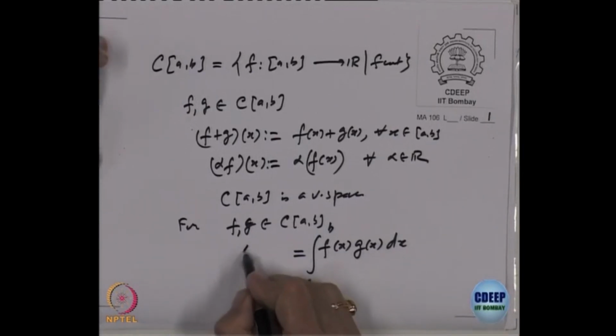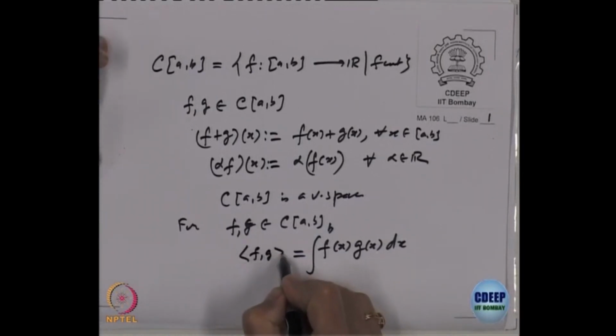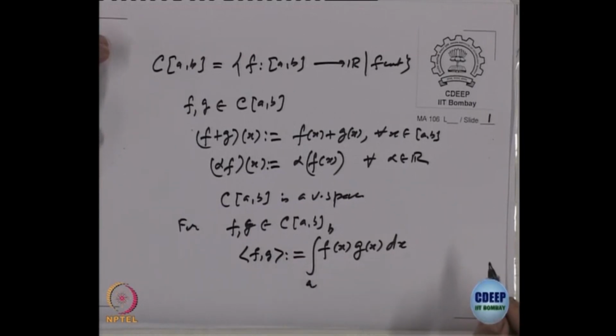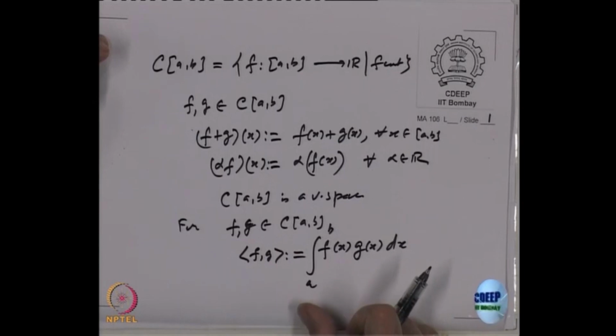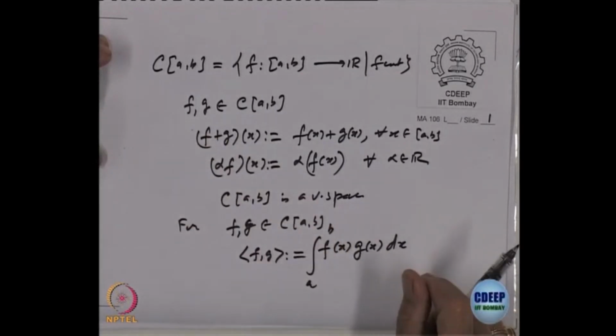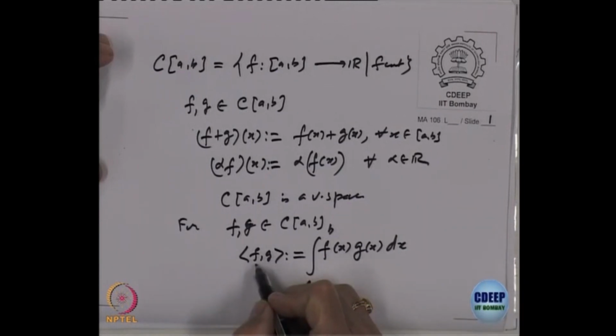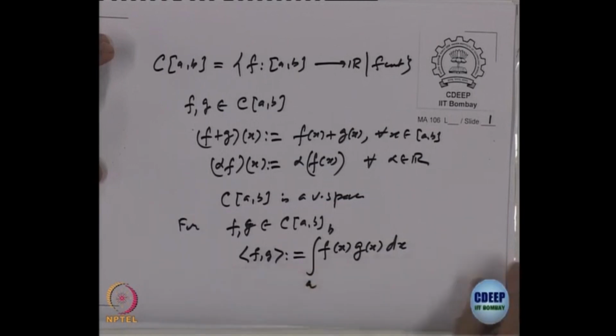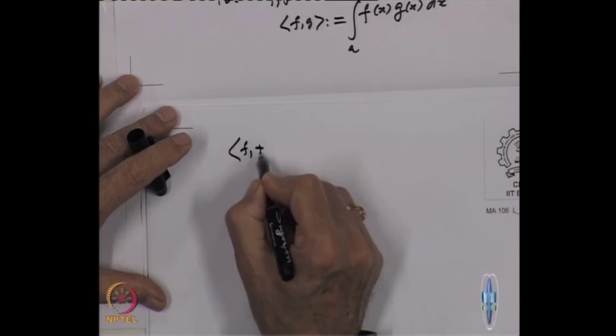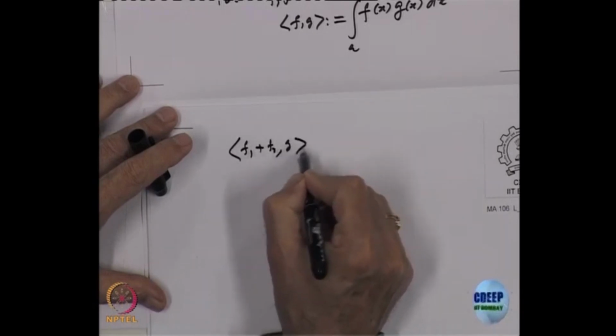So this number is defined, and we denote it as the inner product. This is the definition of the dot product for the vector space C[a,b]. We want to check that this has all the properties the dot product has. So let us look at f1 plus f2, g. What will that be?